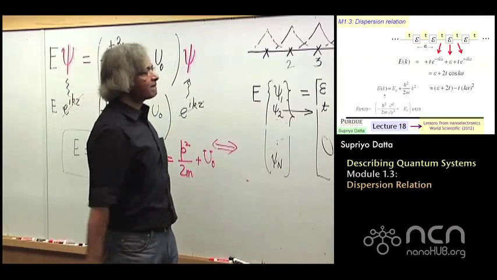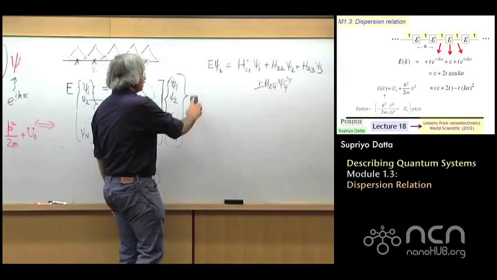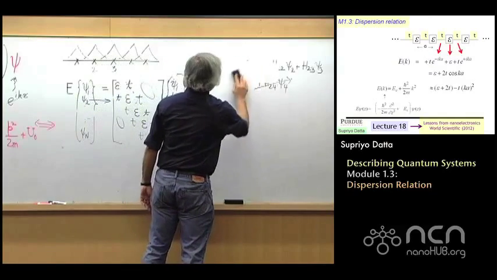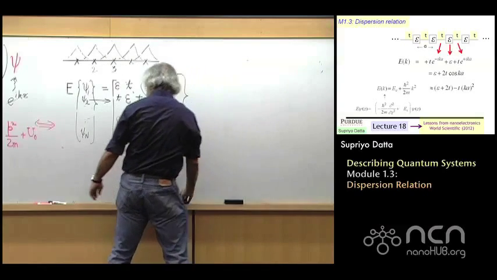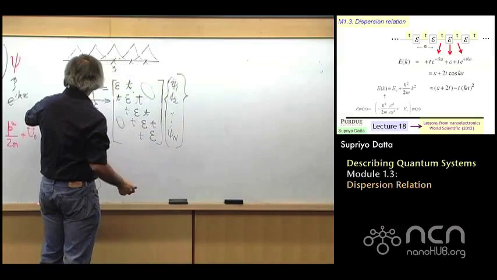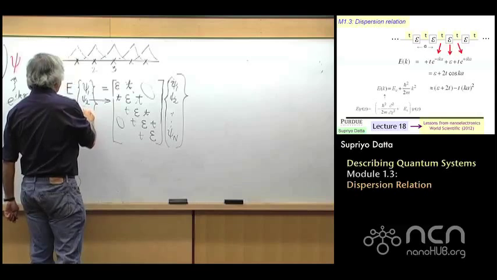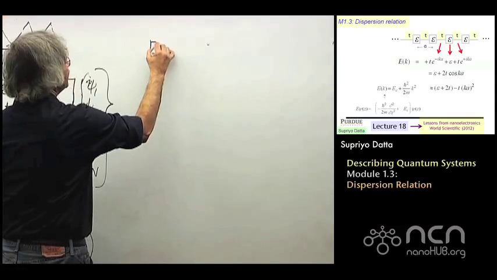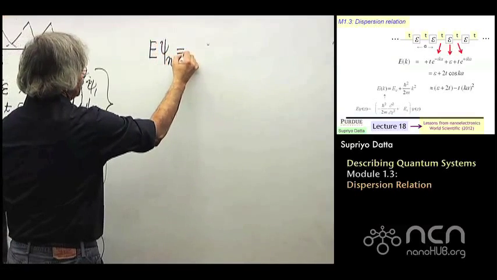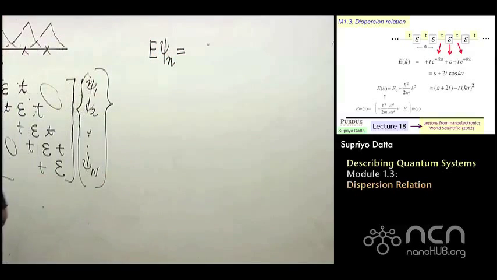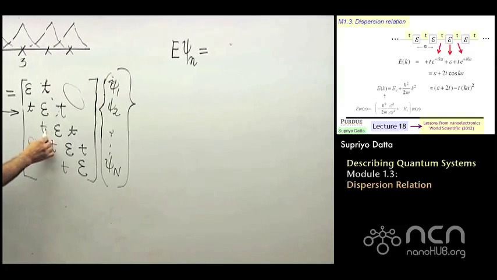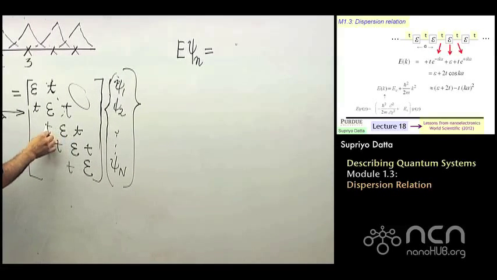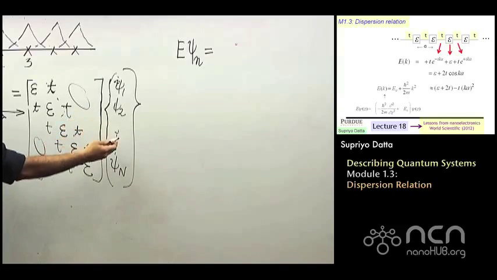So if you wrote down one of these equations, let's say I go to the nth line here, psi n, you could write it as something like this. E psi n is equal to, there will be a T connecting to n minus 1, epsilon connecting to n, and a T connecting to n plus 1.